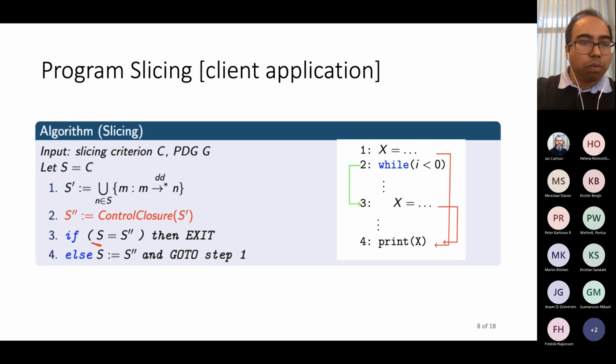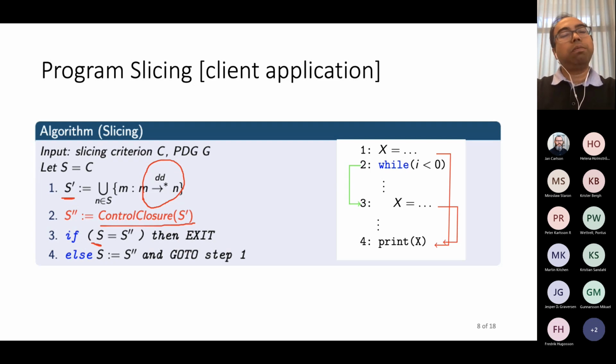First we compute the subset S prime, which takes into account all the control flow graph nodes due to data dependencies. This relation is the transitive reflexive closure of data dependencies. Once we get S prime, we compute the control closure relation. This relation can be the weak control closure or a strong control closure, depending on what is required by our client applications.